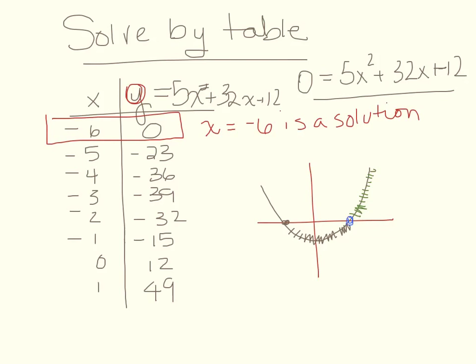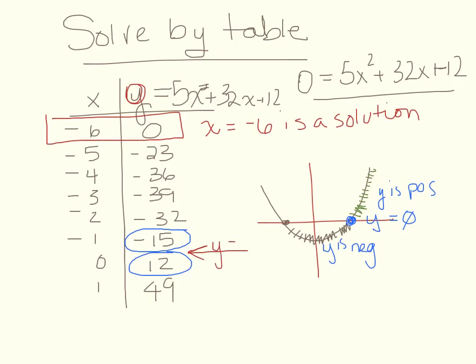So right here, between y is negative and y is positive, I know y has to equal 0. So find a place where y is negative and then it changes to y is positive. Somewhere in there is going to be a 0.